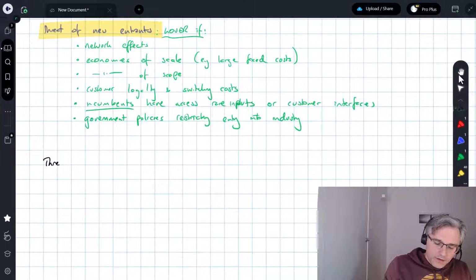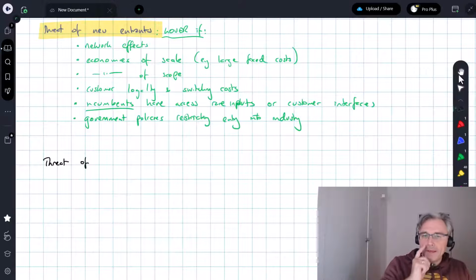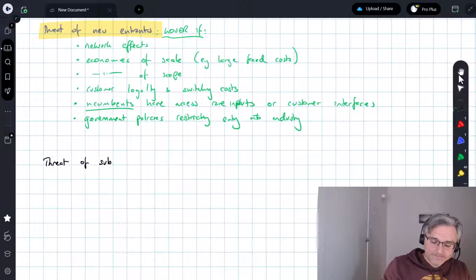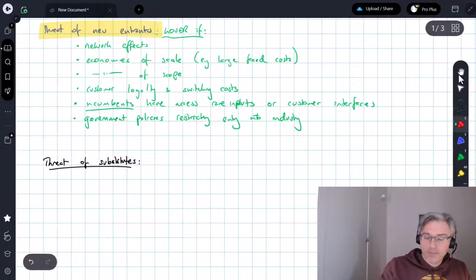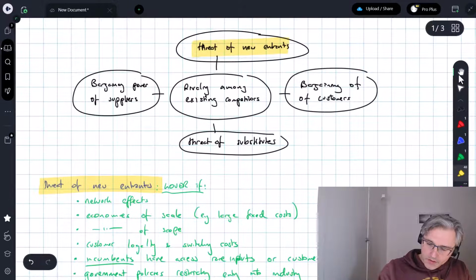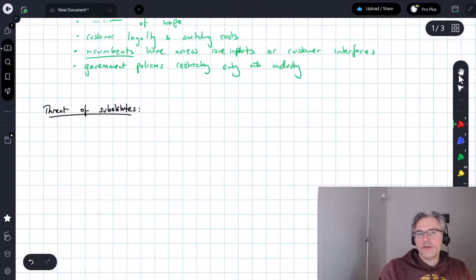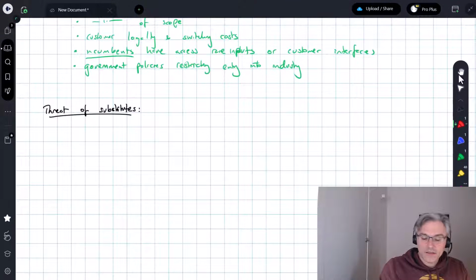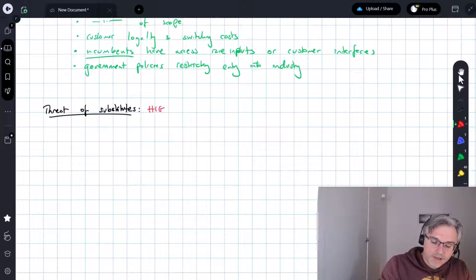Okay, let's now move on to the threat of substitutes. In this one, let me just see where we are. We're over here. I think it's easier to actually talk about this from the perspective of when that threat is higher.